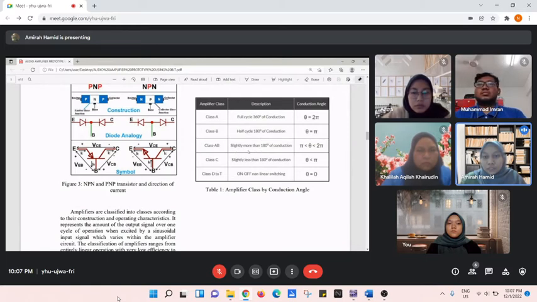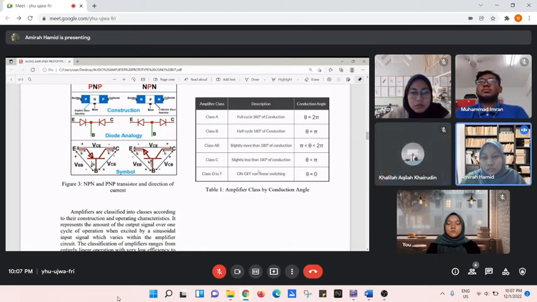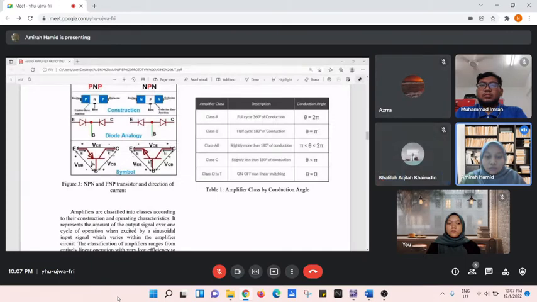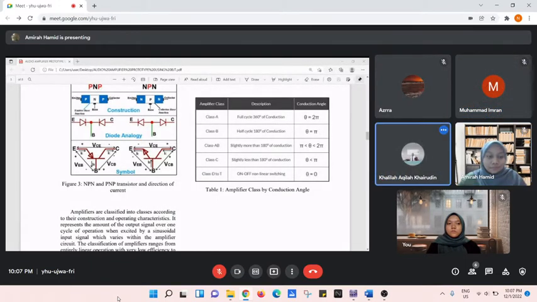Class AB has slightly more than 180 conduction, and class C has slightly less than 180 conduction, and D to T is on and off nonlinear switching. So I will pass the next part to Kalila. Thank you, Amira.